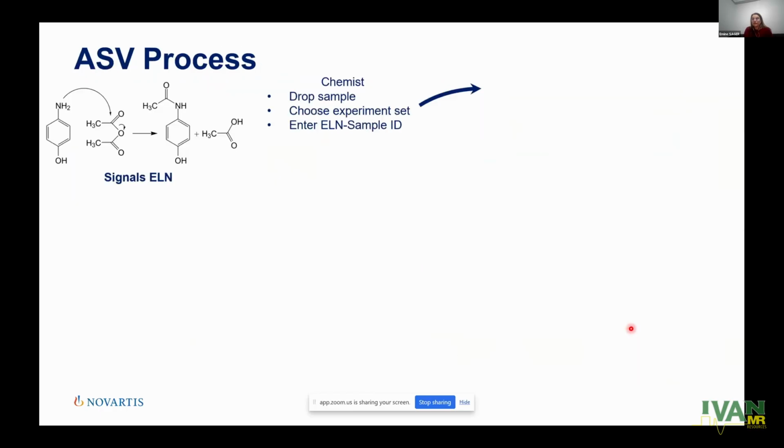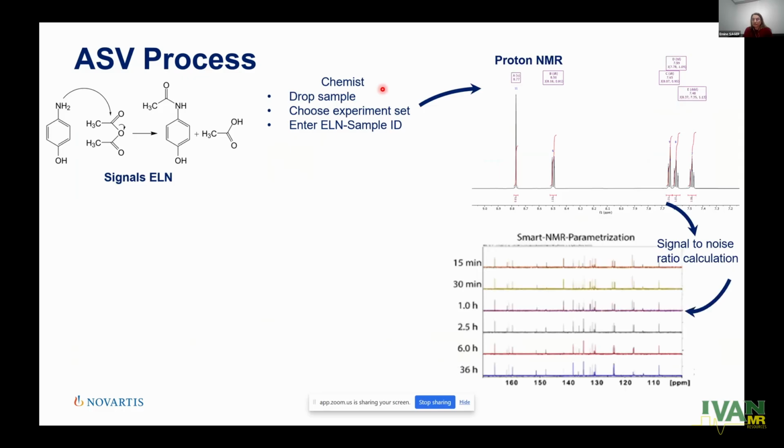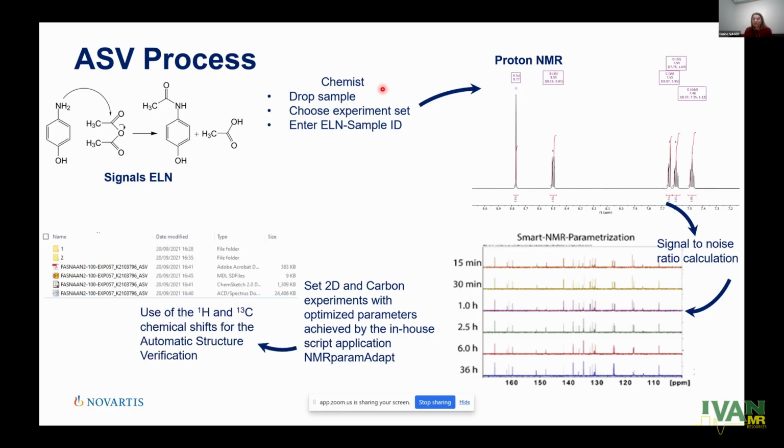Then in our case, how things happen: you have the ELN of the chemist. It's important that the chemist puts the ELN correctly in the title of the NMR measurement. A proton is measured. With the proton, a signal to noise is calculated. Then we adapt the parameters of the other NMR measurements. 2D and carbon experiments are optimized in order to have the best 2D or 1D that we can have.